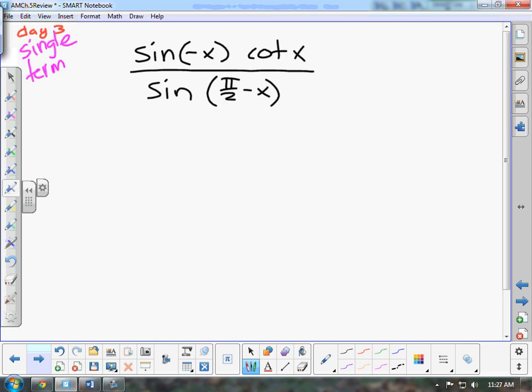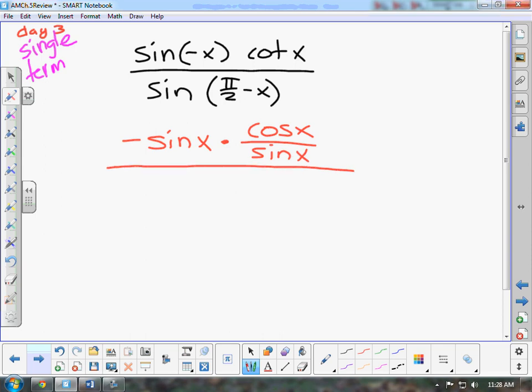Our second example would be sine of negative x times cotangent x over sine of pi over 2 minus x. Sine of a negative x is the same as a negative sine of x. Cotangent of x is the same as cosine of x over sine of x. And sine of pi over 2 minus x is the same as cosine of x.